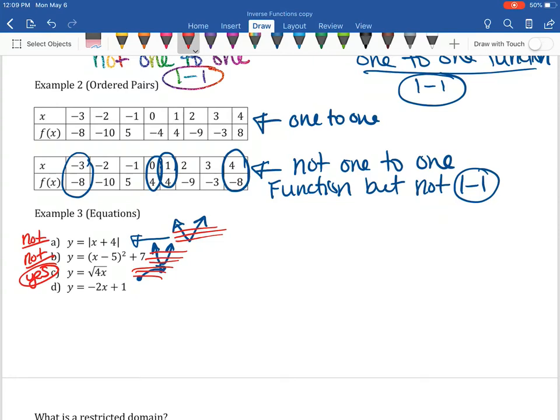In part D, I know that this is a line. And if I graph a line, and I do the horizontal line test on it, it's going to pass. So this is one-to-one. If you don't know what the shapes of those graphs are off the top of your head, put them in on your calculator and graph them and look at it. Then use your graphing calculator as a tool to help you.